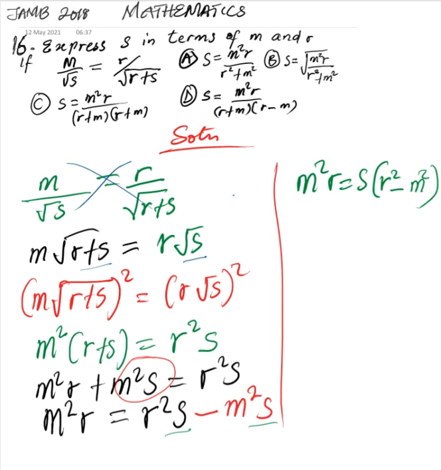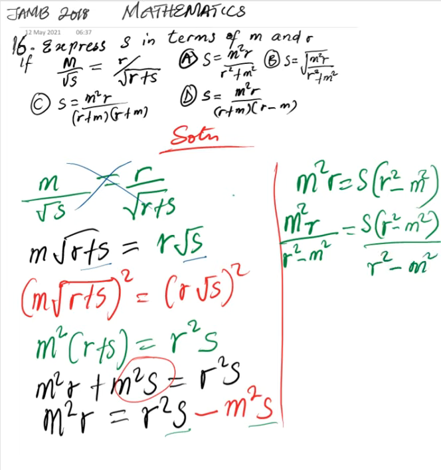At this juncture, to have S, we simply divide both sides by the coefficient of S, which is R squared minus M squared. So we have M squared R over R squared minus M squared equal to S into R squared minus M squared over R squared minus M squared.